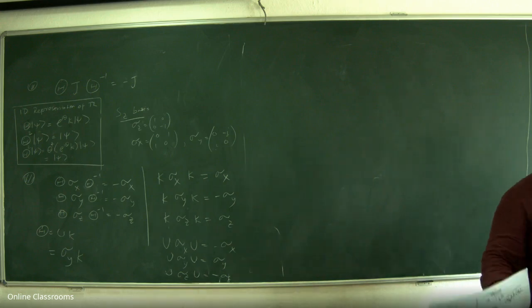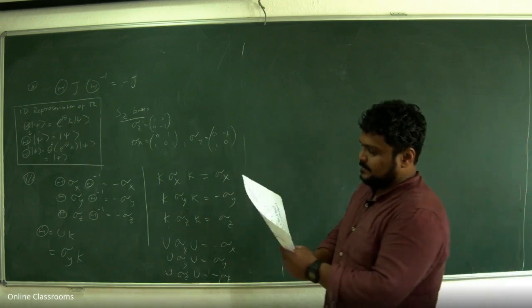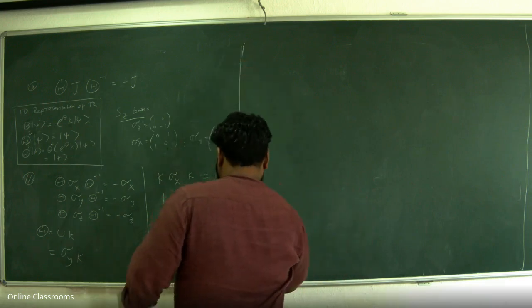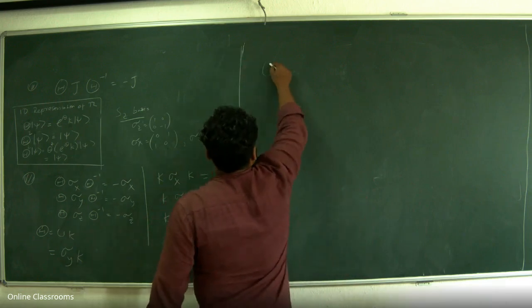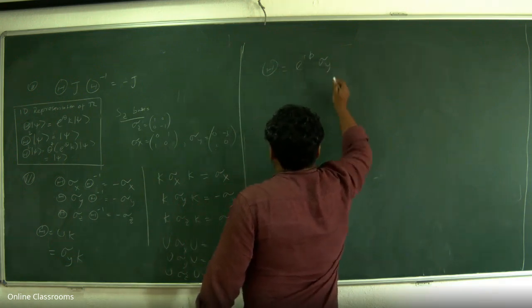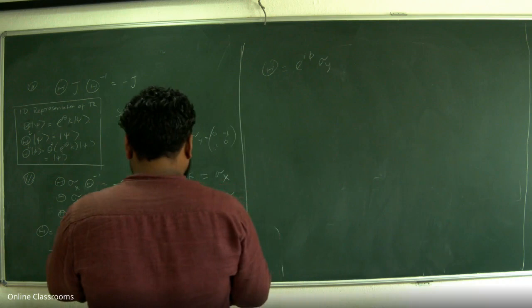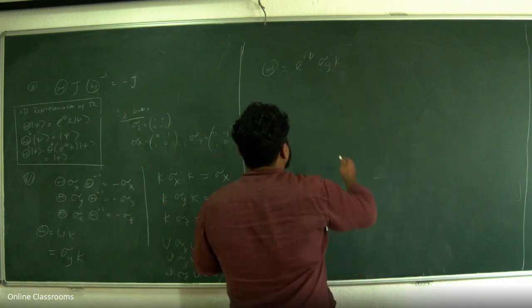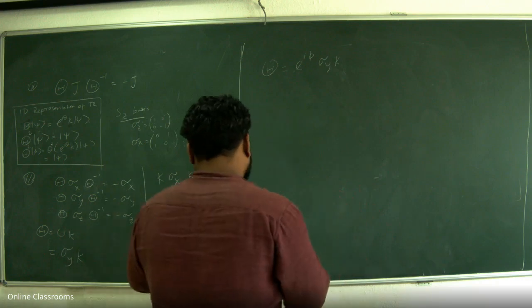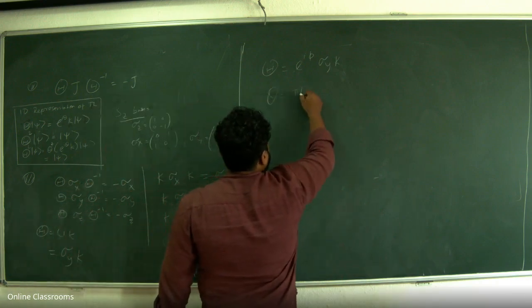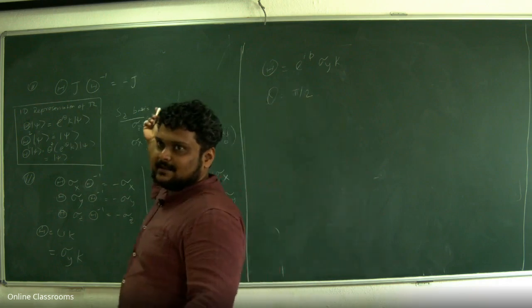Okay. So now I can represent my operator as, so theta is e to the power i phi sigma y, sigma y times K also. Now normally this phi is chosen to be pi by 2 to make this whole thing real, right?